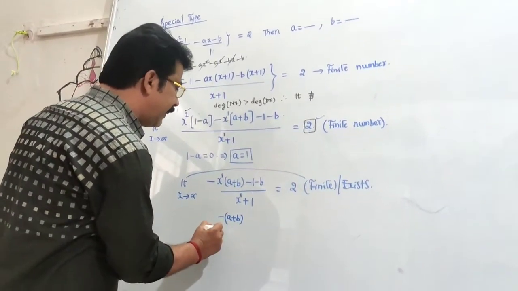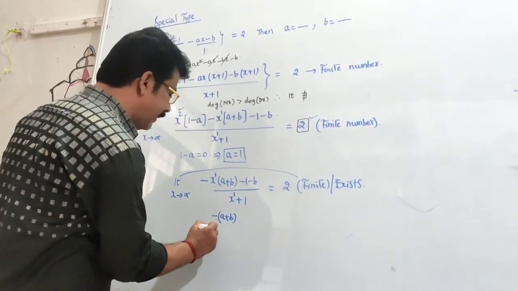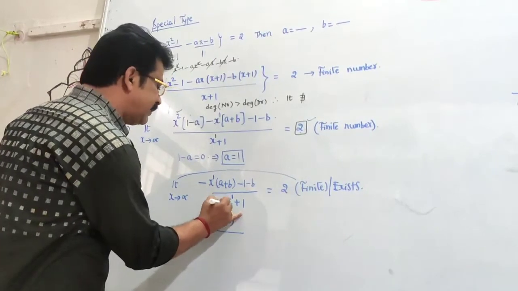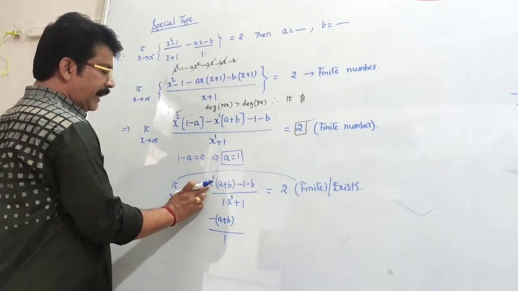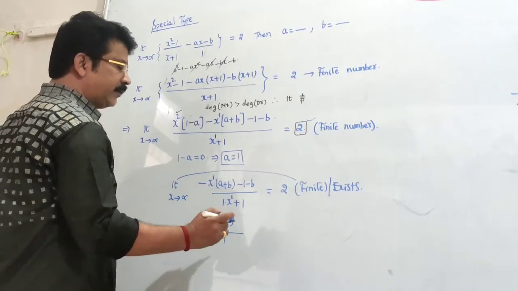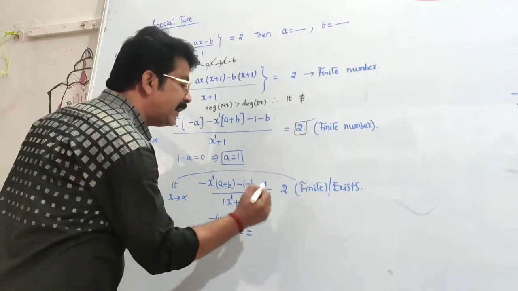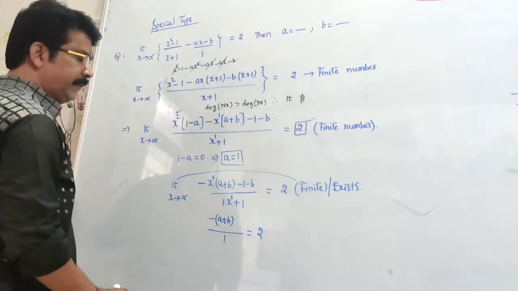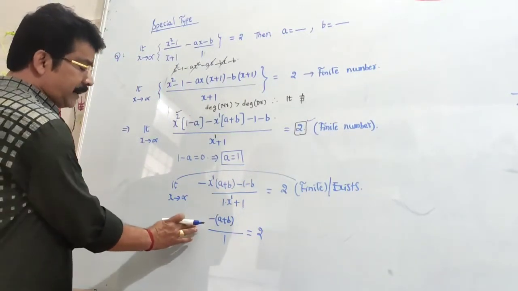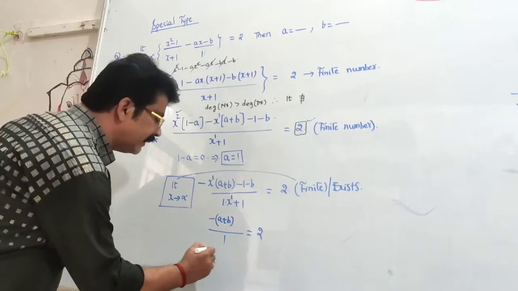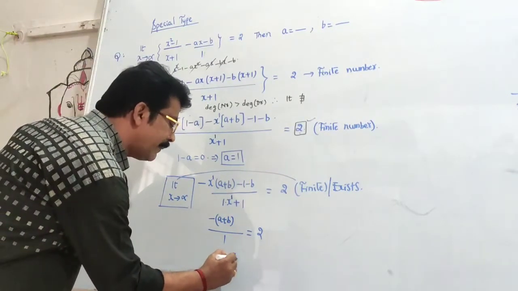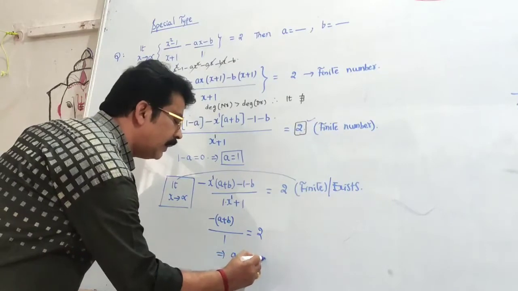Divided by its value. What is its coefficient? 1. So the x coefficient in the numerator divided by the x coefficient in the denominator is given as 2. Here we need not write the limit operator, x tends to infinity. So it follows that a plus b equal to minus 2.